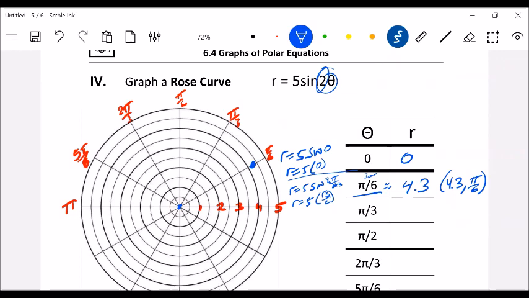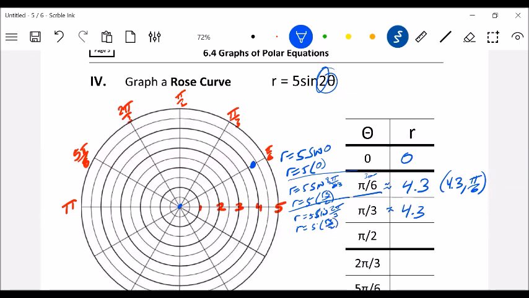Then for pi over 3, r equals 5 sine of 2 pi over 3, and at 2 pi over 3 it's again square root of 3 over 2, so we get the exact same answer, 4.3. I'll write it out so you can see it.